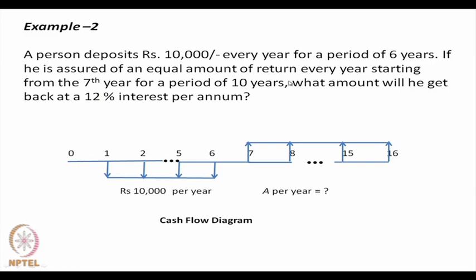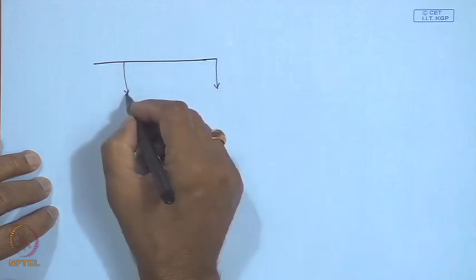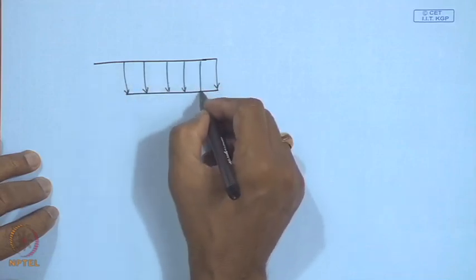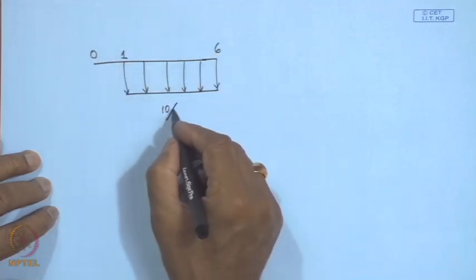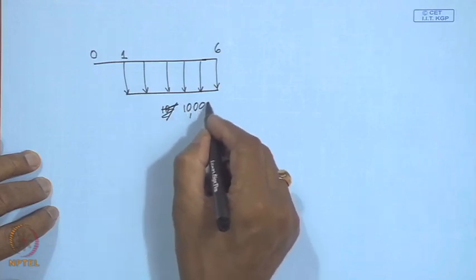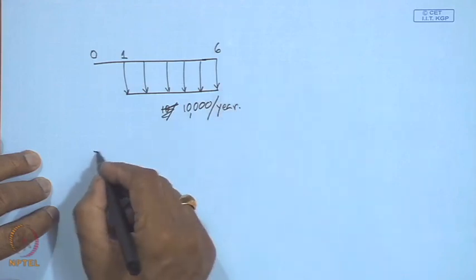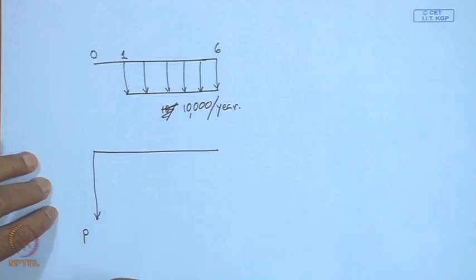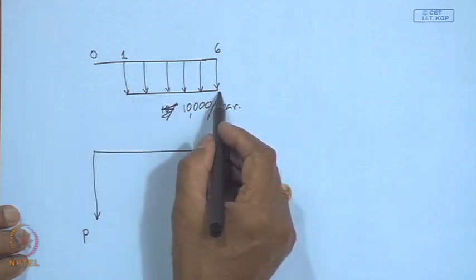What we first do is treat the first payments and find what is its equivalence at the present time, what is the P. So, we find out first of all the present worth of this equal payment series.